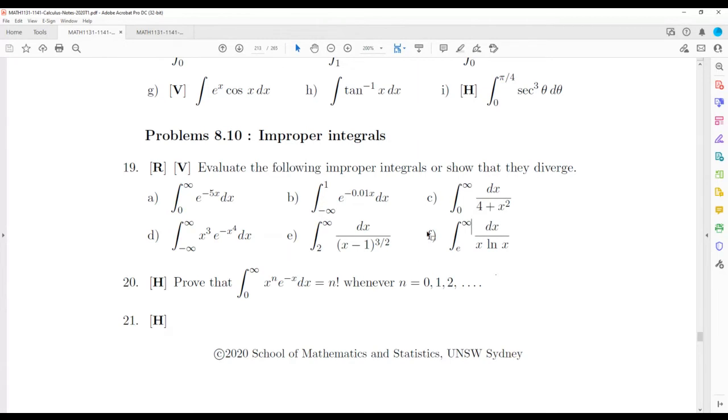So I thought we could talk about F first. F's an interesting one, and then we'll move on to other ones. So we've got the improper integral between e and infinity of 1 on x log x. So let's do that one, and then we can move on to something else.